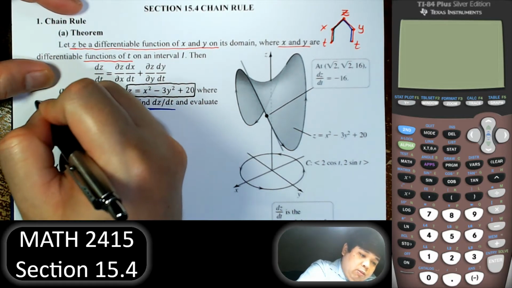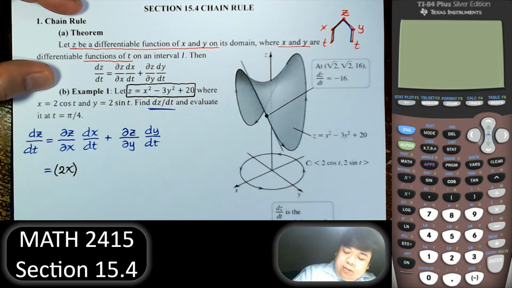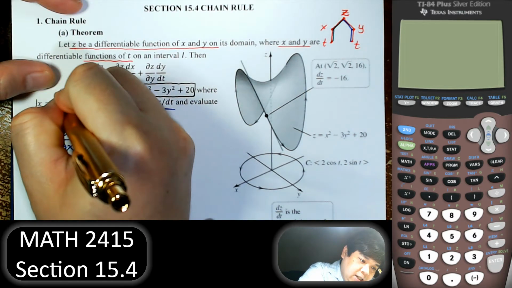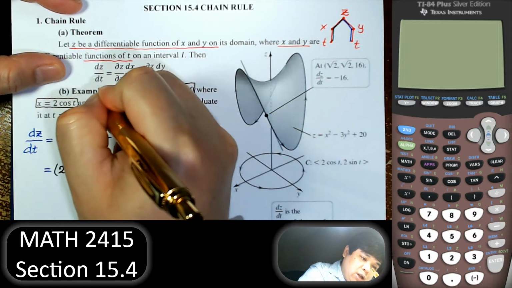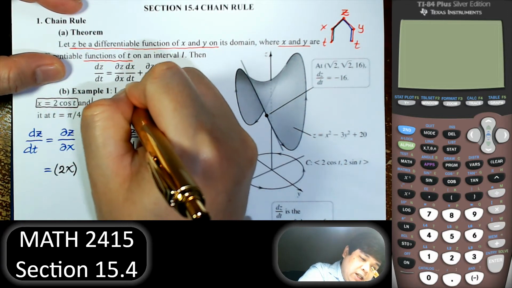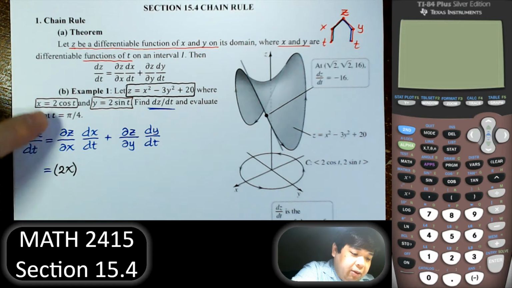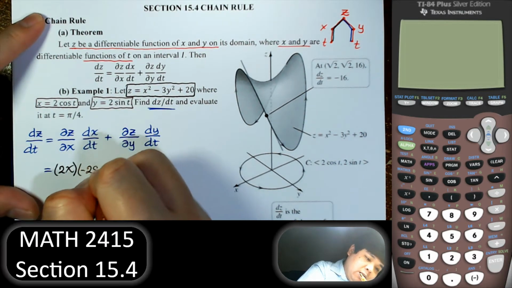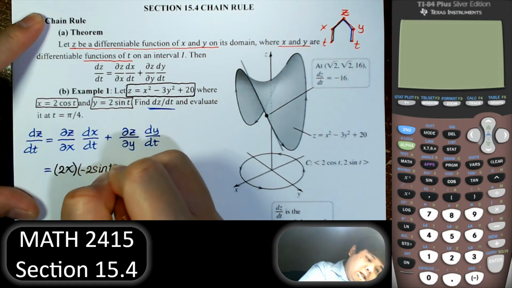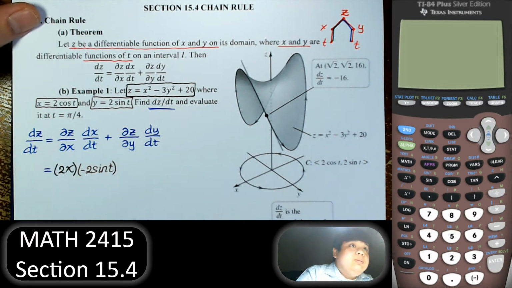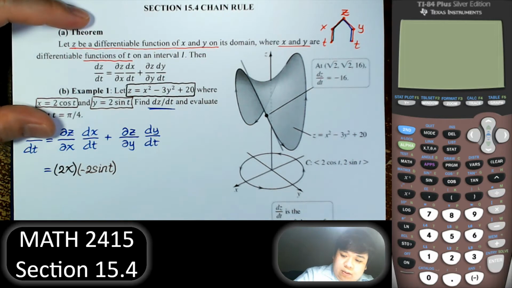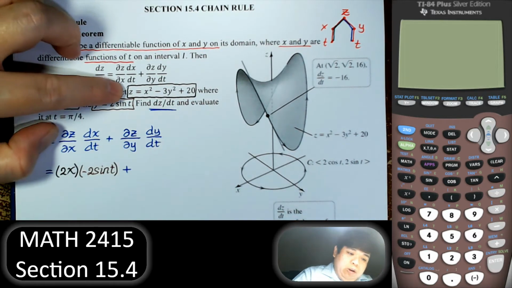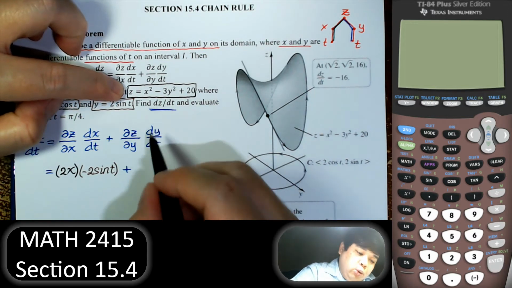Now, x equal to 2 cosine t and y equal to 2 sine t. Derivative of x with respect to t is going to be negative 2 sine t. And then plus derivative of z with respect to y.